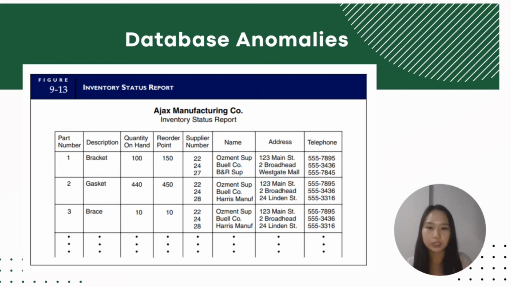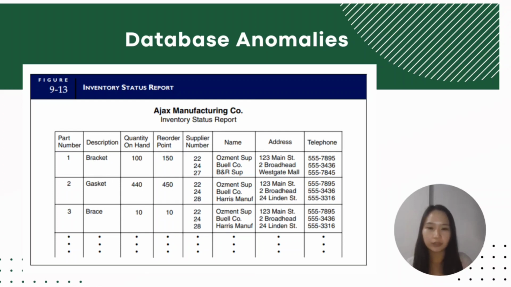One or more of these anomalies will exist in tables that are unnormalized or are normalized at a low level, such as first normal form or second normal form. To be free from anomalies, tables must be normalized to the third normal form level.